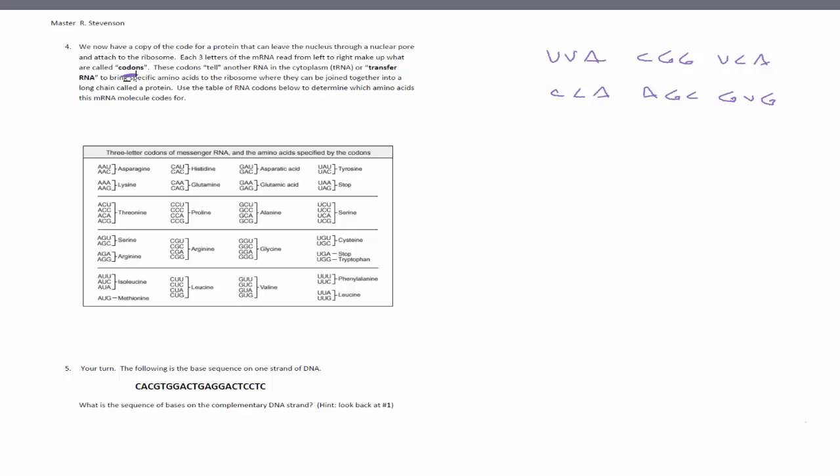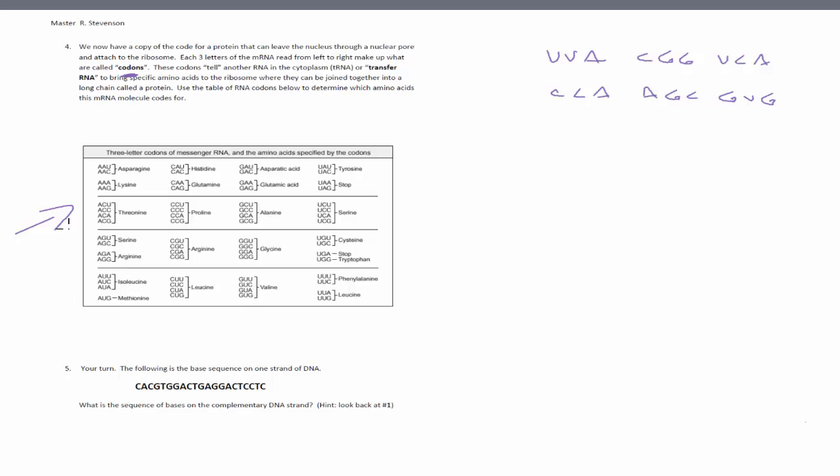Use the table of RNA codons to determine which amino acids this mRNA molecule codes for. So this is a table of mRNA codons. You can't use this for DNA, you can only use it for RNA. And you're given this chart if you ever need it on a test.